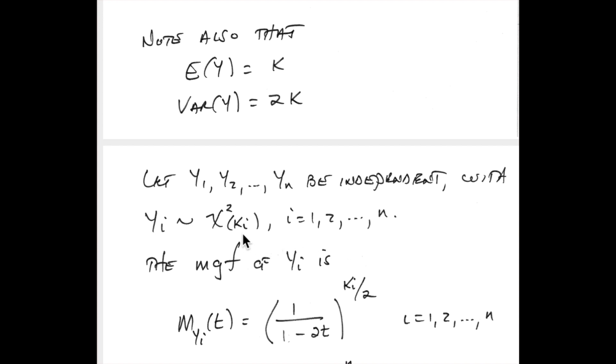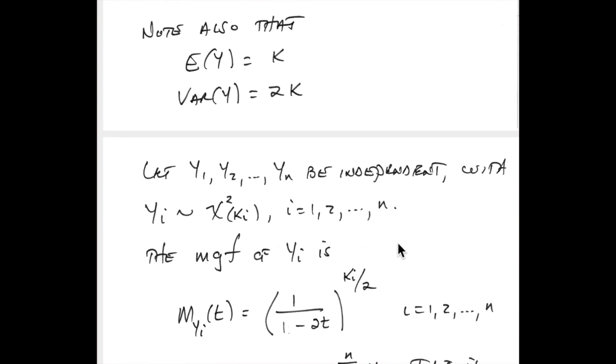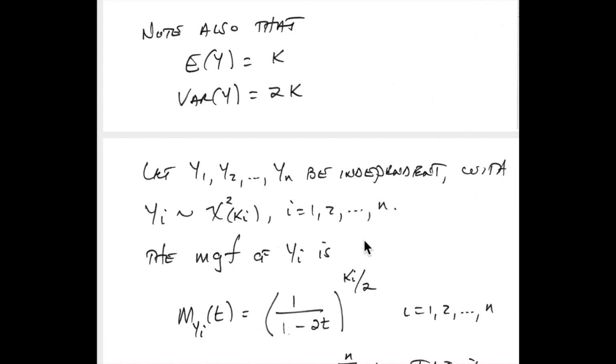We know that the moment generating function of y sub i, the ith observation in the sample, is equal to 1 over 1 minus 2 times t, all raised to the k sub i over 2 power, for i going from 1 to n. So the moment generating function depends on the degrees of freedom, and these degrees of freedom are allowed to vary.